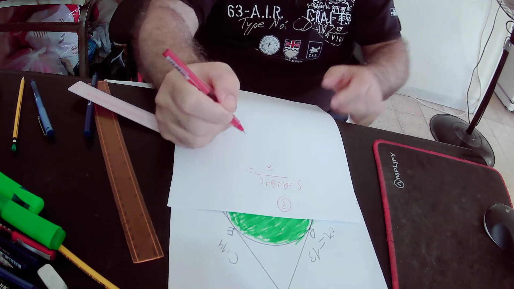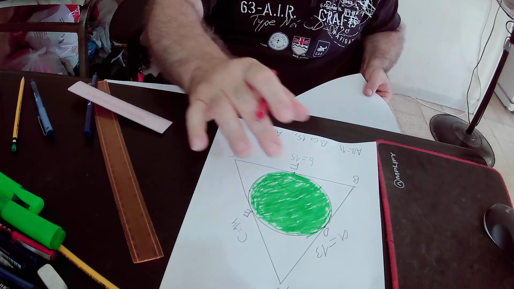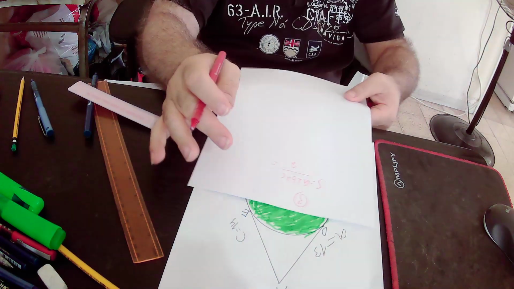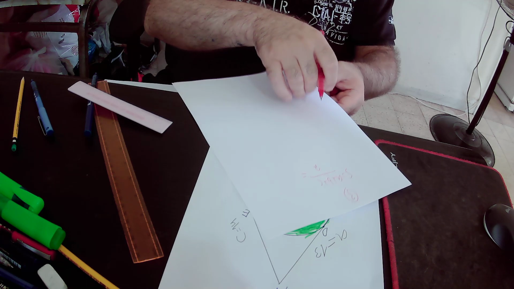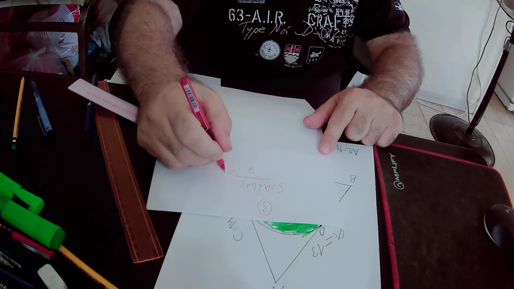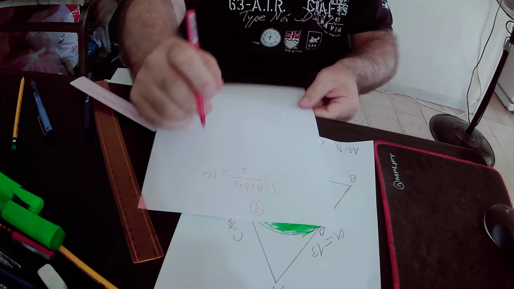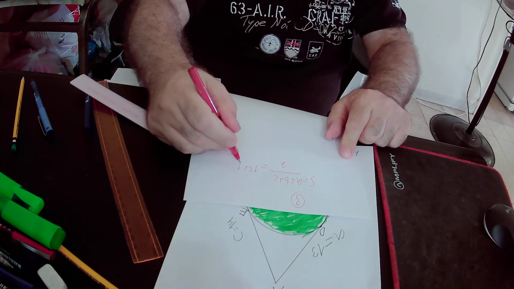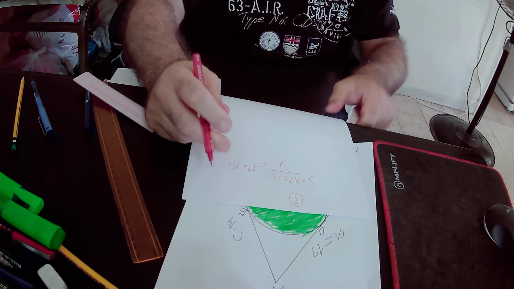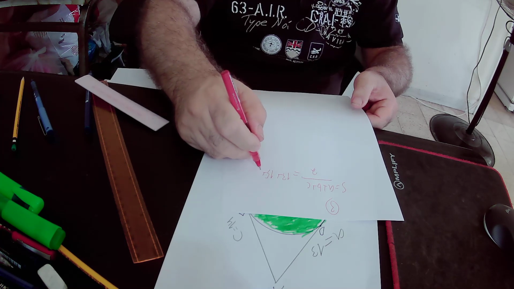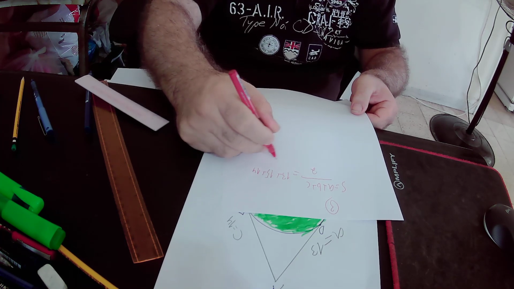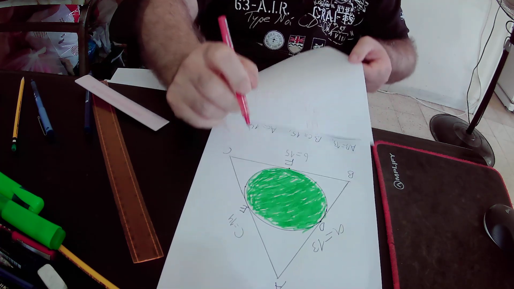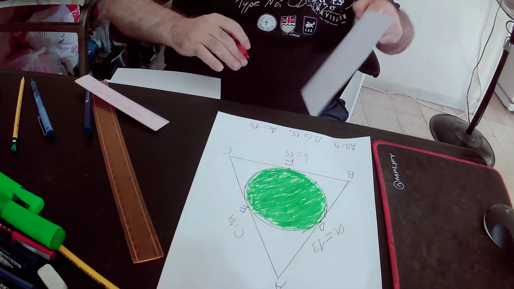Okay, so the semi-perimeter of our triangle ABC will be equal to A, that is 13 units, plus B, that equals 15 units, plus C, that equals 14 units, all divided by 2.